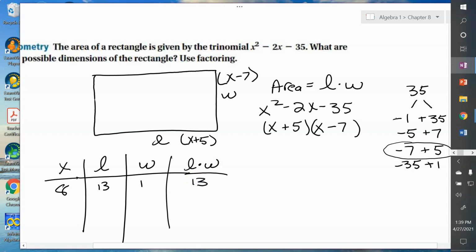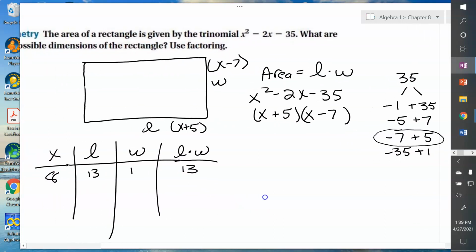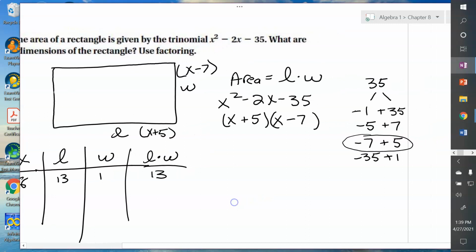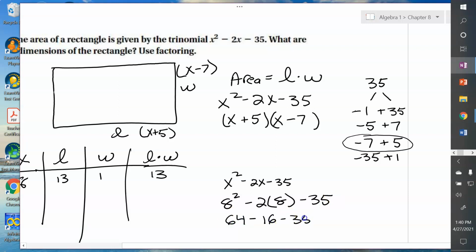Now let's see if that works in our trinomial. If I put in 8 for x. So x squared minus 2x minus 35. Let's put 8 for x: 8 squared minus 2 times 8 minus 35. And I'm going to get a 64 minus 16 minus 35.